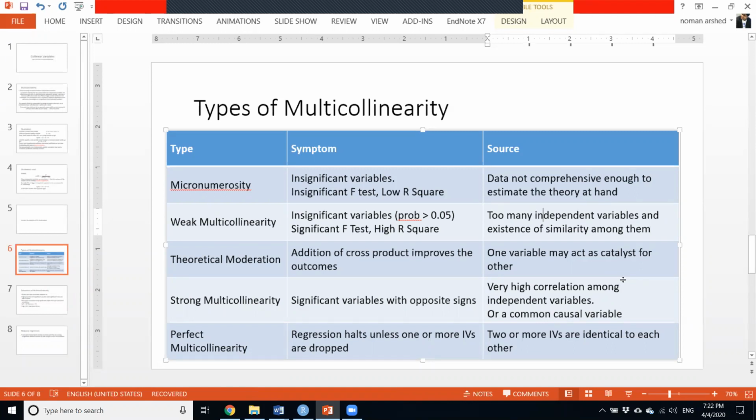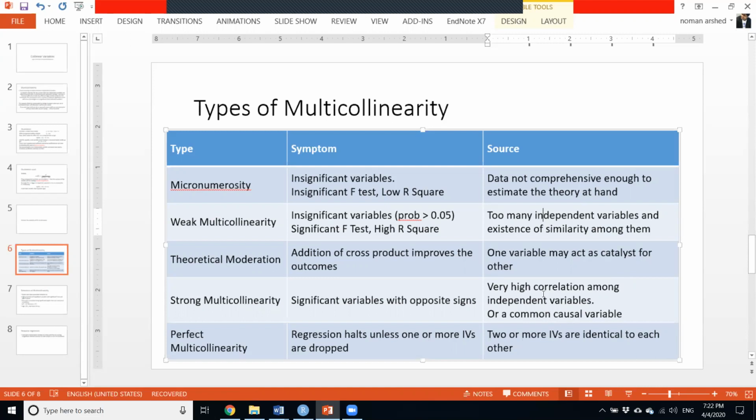Then there is strong multicollinearity. What is strong multicollinearity? It means that your variables are actually significant, but they have opposite signs. Your overall model is good, variables are significant, but when you compare with the theoretical signs, you find out that the signs are opposite.